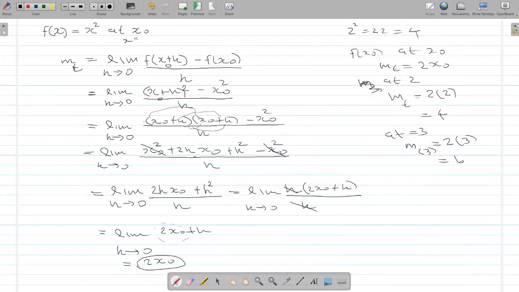So in general the derivative at x, as a function of x, at the point x naught is 2x naught. If x is 2, it will be 2 times 2. At 3, the derivative is 6. That is also the slope of the tangent line. Do you guys have any questions up to now?